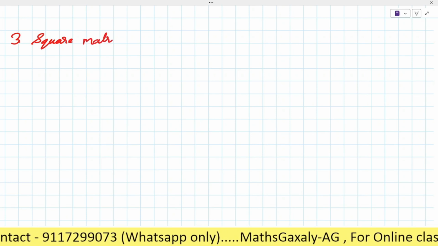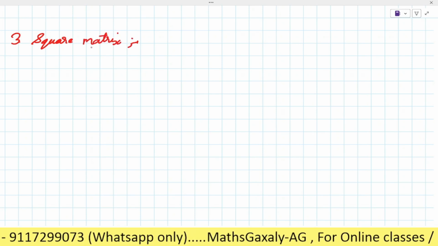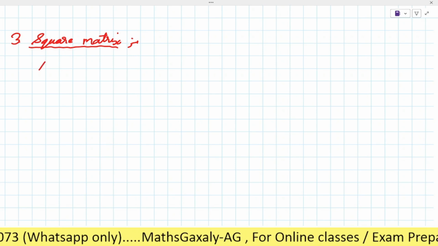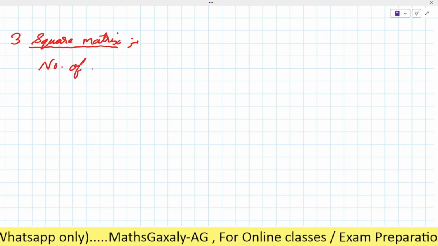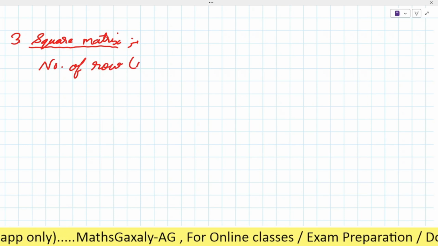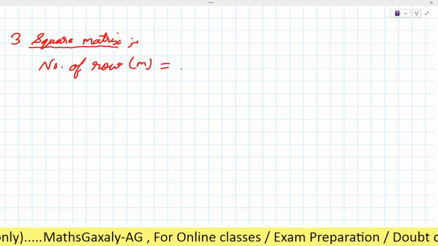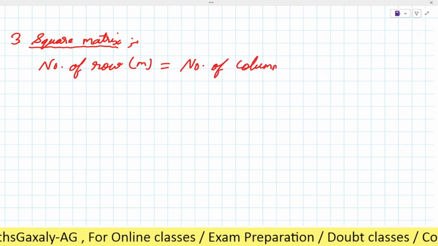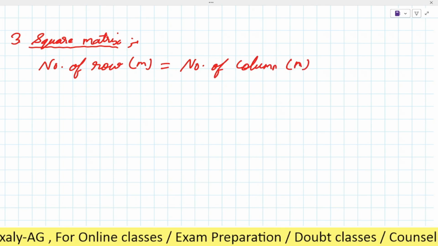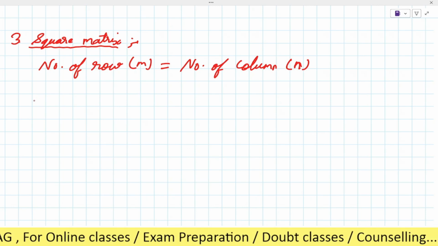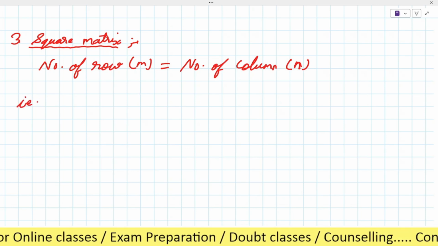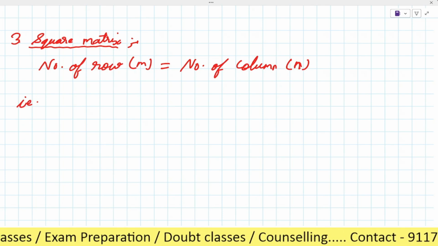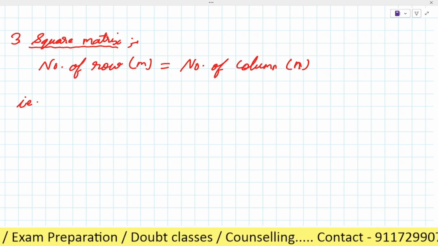It is when the number of rows, meaning m, is equal to the number of columns, meaning n. So when m is equal to n, that type of matrix is known as a square matrix. Okay, is it clear?